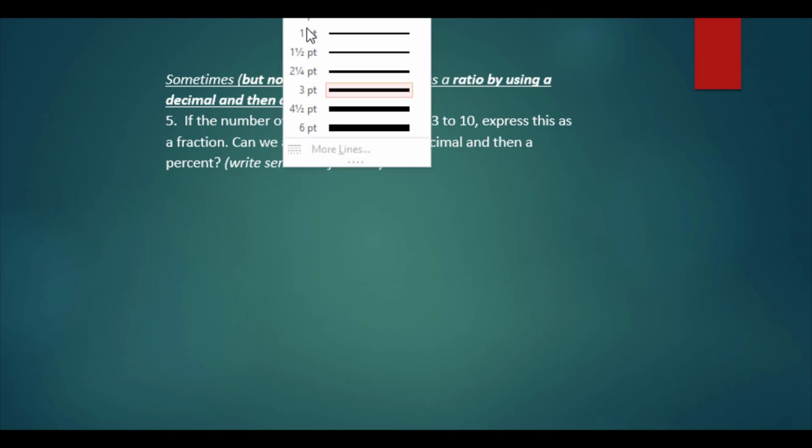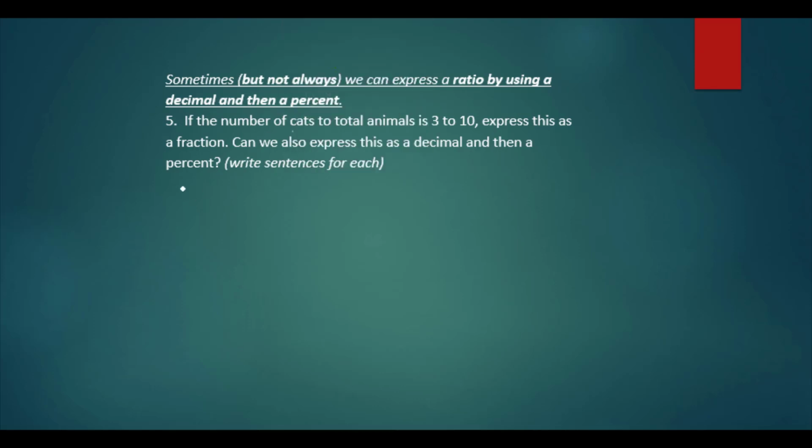We're just taking 3 over 10. And you might want to put the units in what these things are so you don't lose track. So that's 3 cats to 10 total animals. I do this because it's important to keep track of what things are.